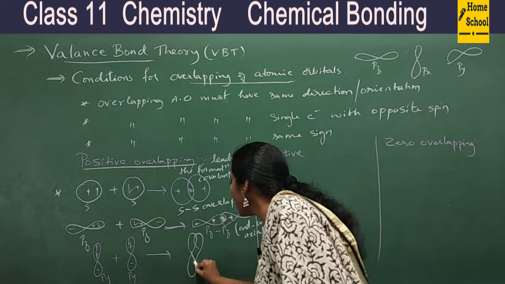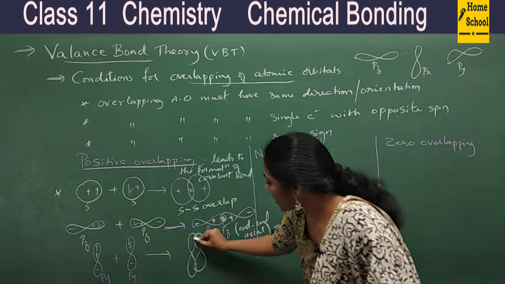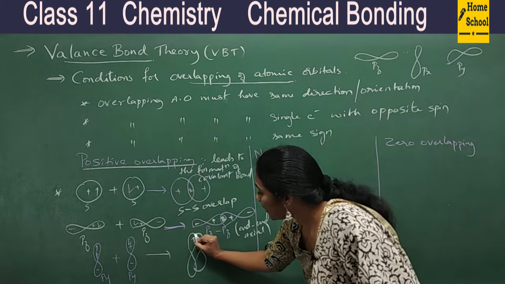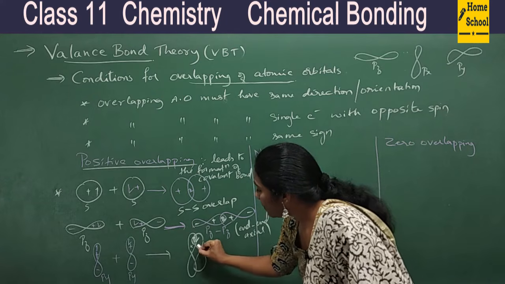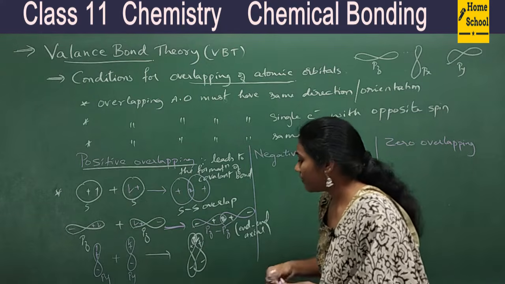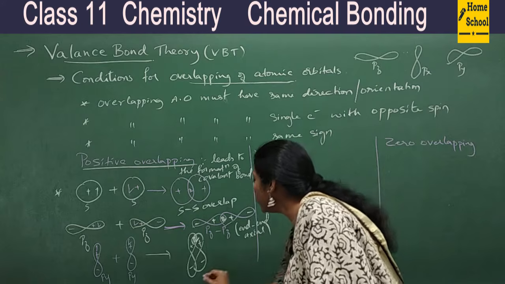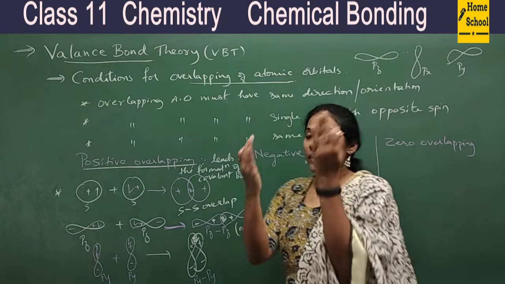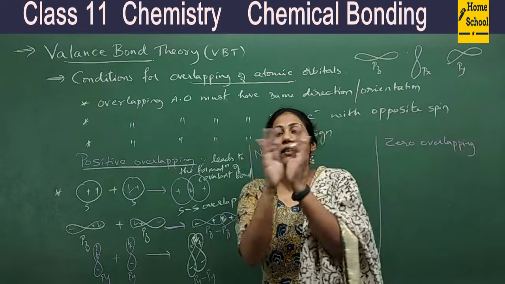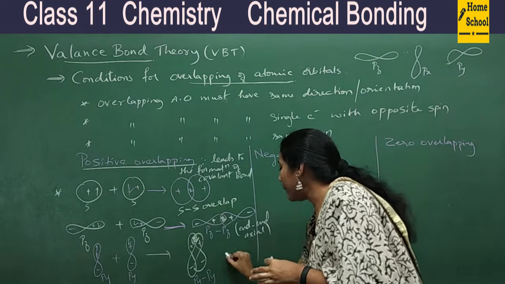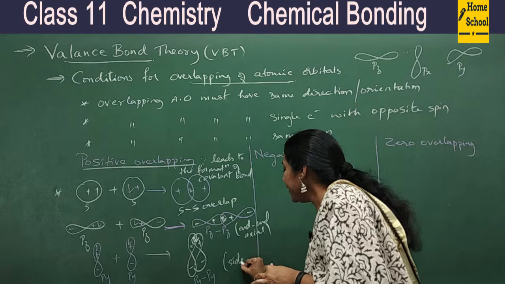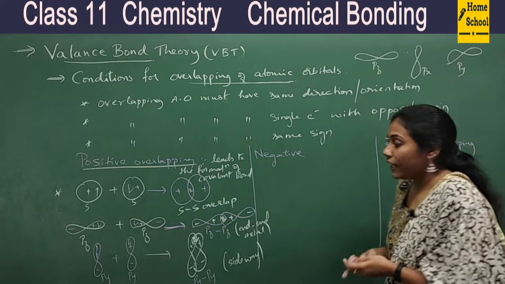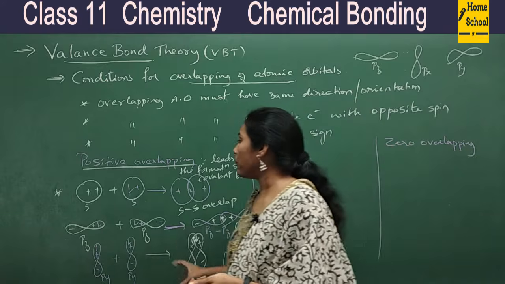The shared pair of electrons is present in this overlapped area. So plus plus, minus minus. So this is called py overlap. This is side to side, sideway overlapping. This type of overlap is called sideway overlapping.